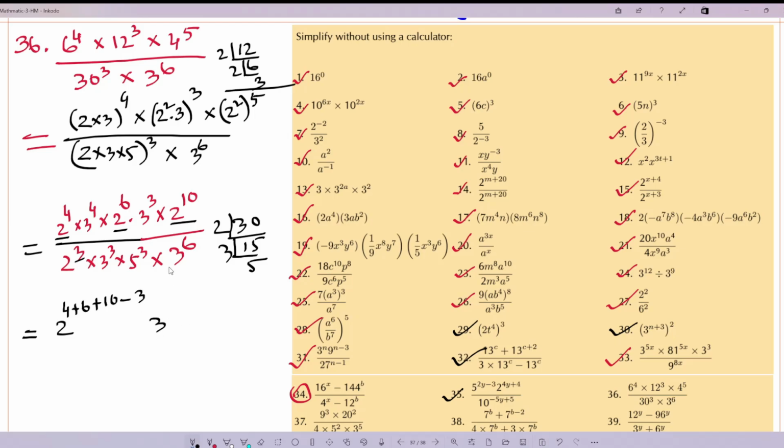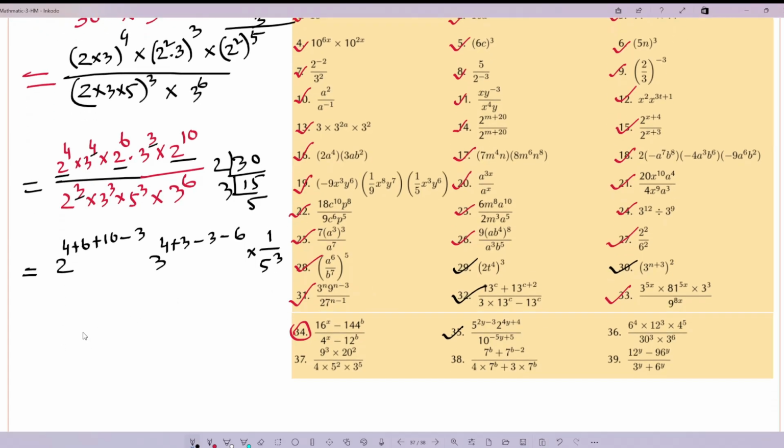Now for 3, 4 plus 3, and divide, here is 3 to the power 3 and 3 to the power 6, it will be minus 3 minus 6, right? And 5, it will be what? 1 by 5 cubed, because the upper portion has no 5. So here is only 1 divided by 5 to the power 3.